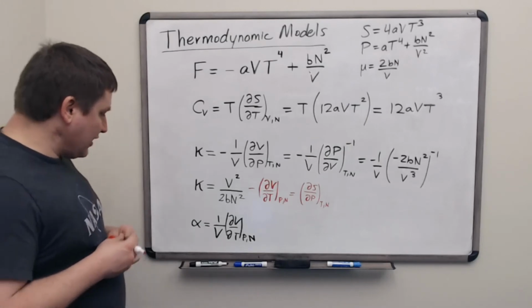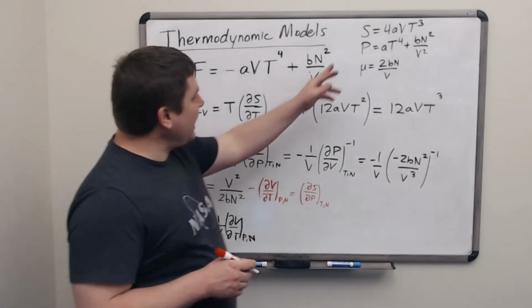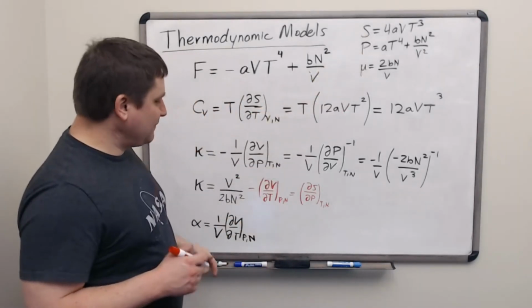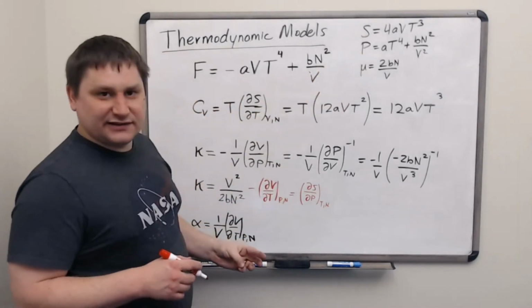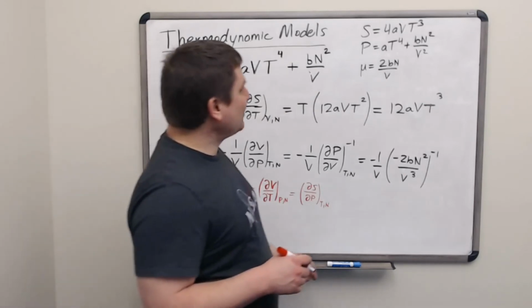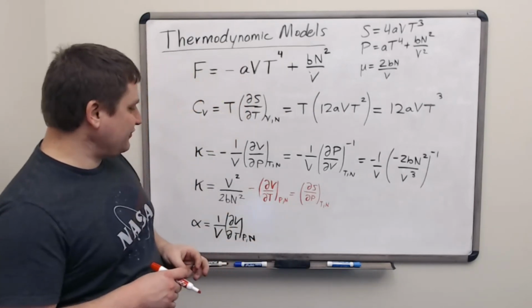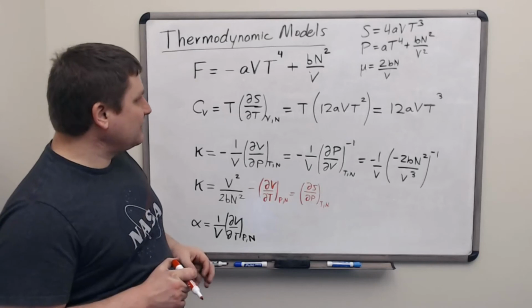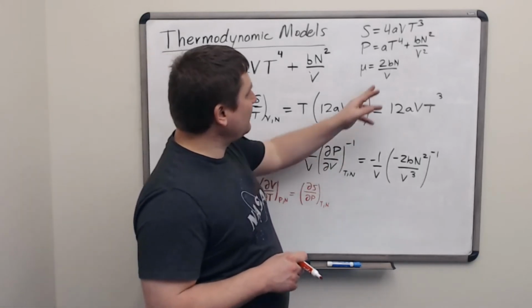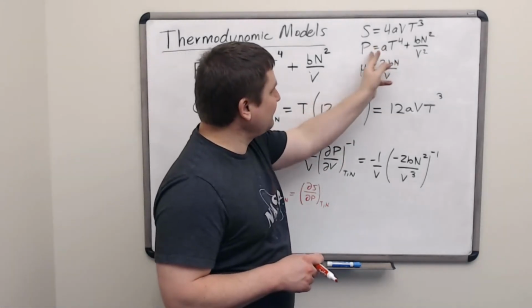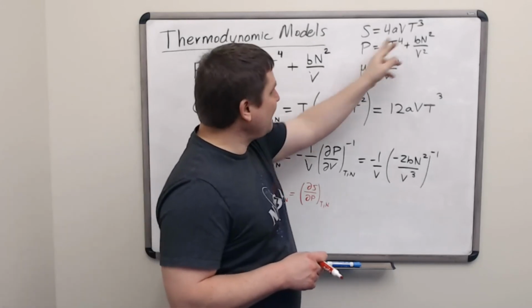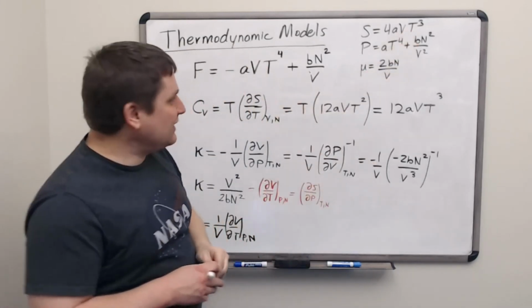So is that going to work for us? Well, we've got a formula for entropy, but the entropy doesn't depend on the pressure, at least it doesn't right now. So if we wanted to use this Maxwell relationship, we would have to solve this one for volume first in terms of pressure, and then use that to eliminate volume in the formula for entropy.